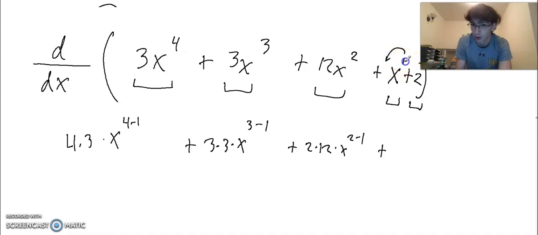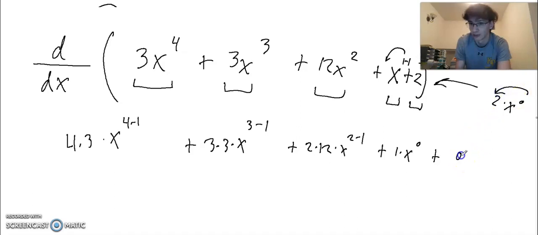Let me bring out the 1 and subtract. So we get 1 times x to the 0 plus, and then right here, 2 is just times x to the 0. We multiply the 0 out in front and we'll just get 0.